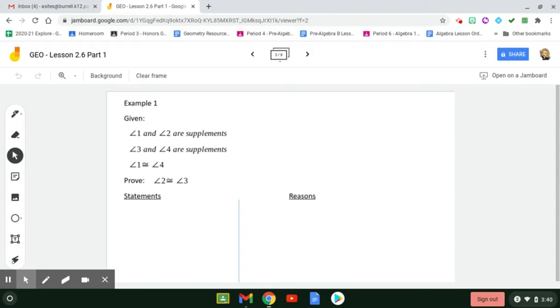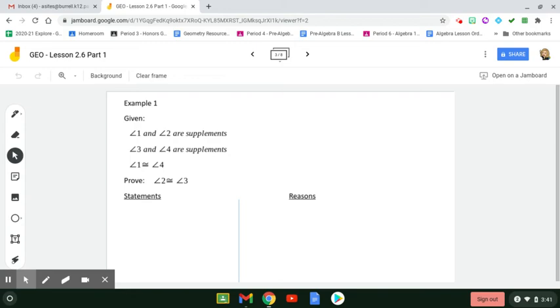It says angle 1 and angle 2 are supplements, which means, remember, they add up to 180 degrees. Angle 3 and angle 4 are also supplements, which means they add up to 180 degrees. We're trying to prove that angle 1 is congruent to angle 4, and then that angle 2 is congruent to angle 3.